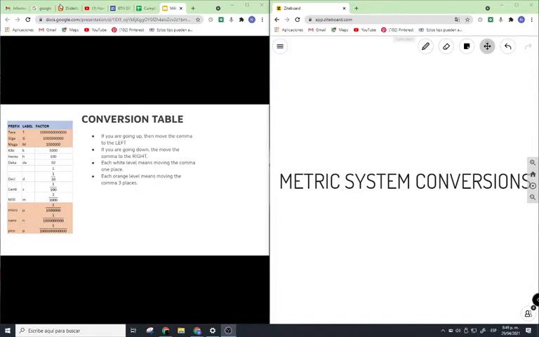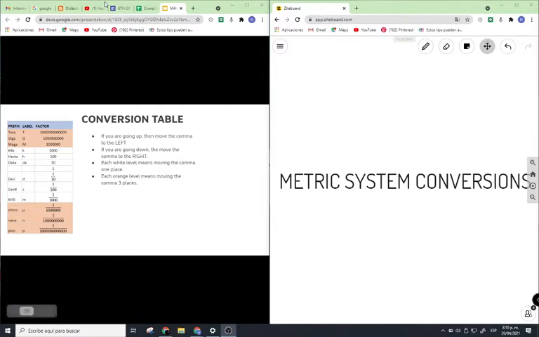So what are the rules of this conversion table? You know that here in the first column is the prefix and the label. We are not going to use the third column, but this is information that is good to know.